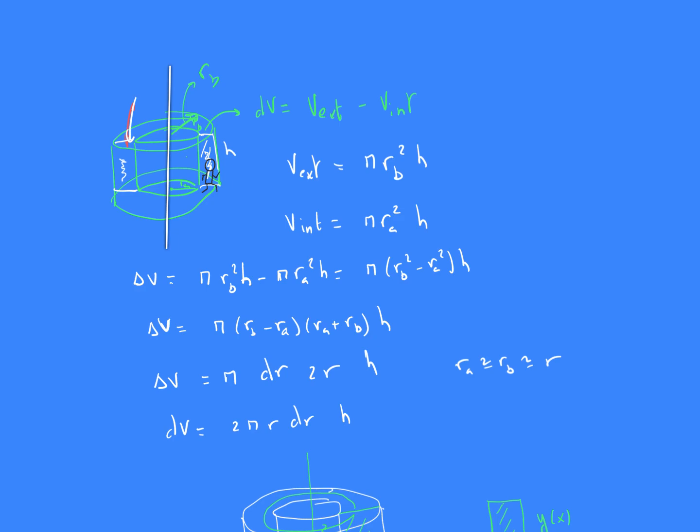So the formula that I have created is that the small volume, dV, that exists inside here, when the guy performs one rotation, the small volume that he will cover will be 2 pi r dr times h.